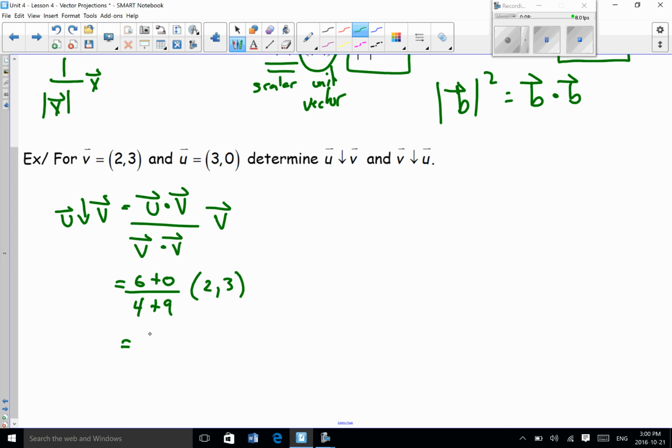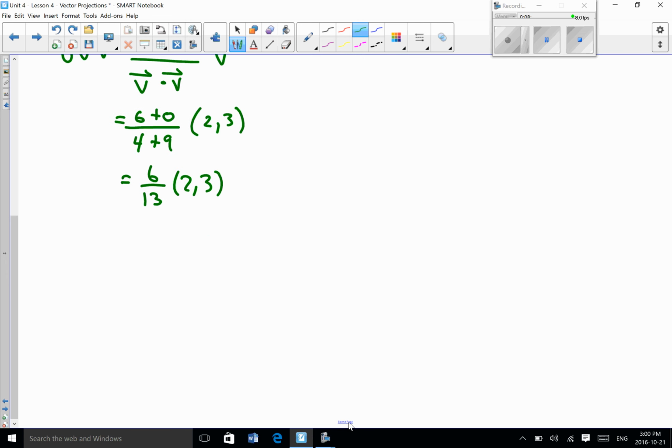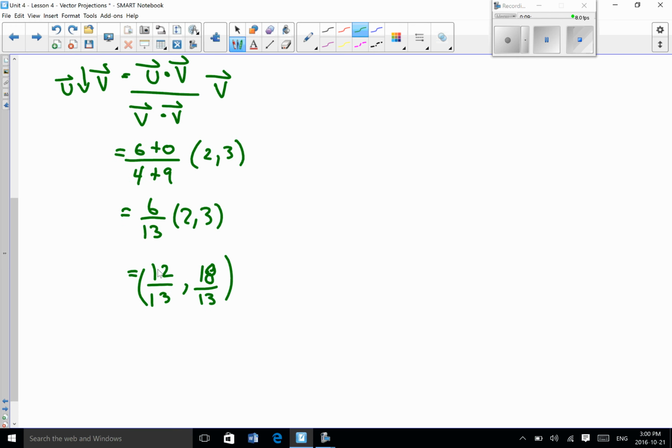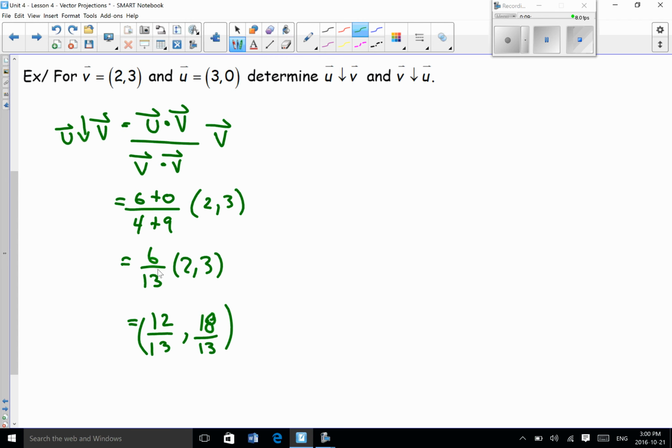Let's simplify, we get 6 over 13 times 2, 3. And if we expand that just to make life a little bit easier, we get 12 over 13 and 18 over 13 for our components. Here's the vector projection. So once you know the scalar projection, you can find the vector projection pretty quickly.